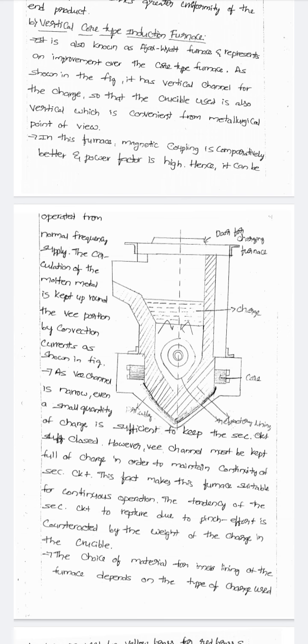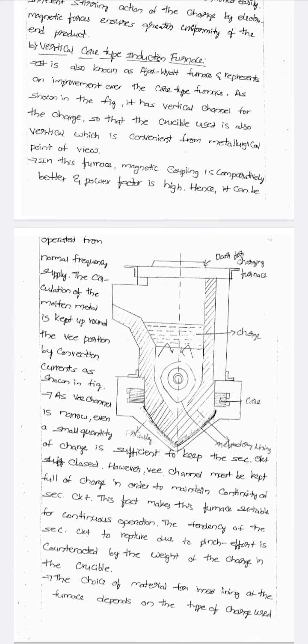Now see about the vertical furnace. Just see that the picture consists of different parts. In this furnace, magnetic coupling is comparatively better and power factor is high, hence it can be operated from normal frequency supply. In the previous one, magnetic coupling is very poor. Now here it is comparatively better.